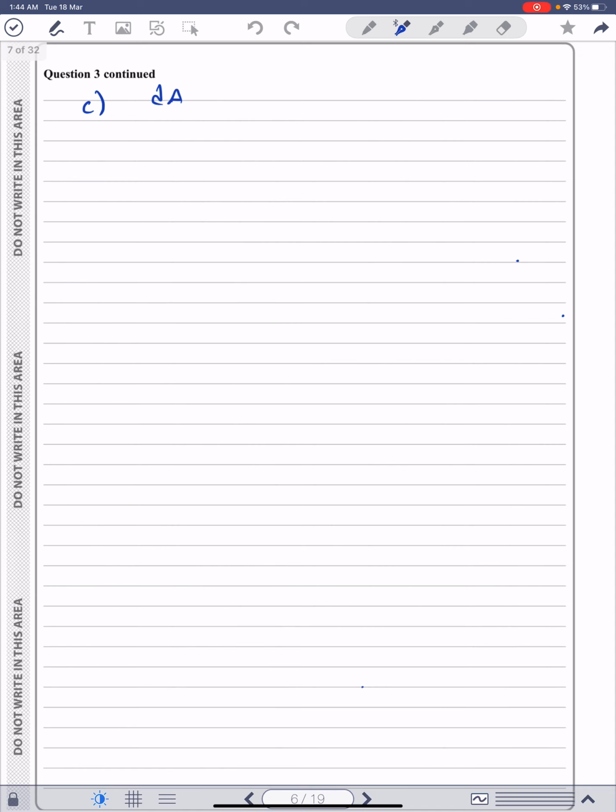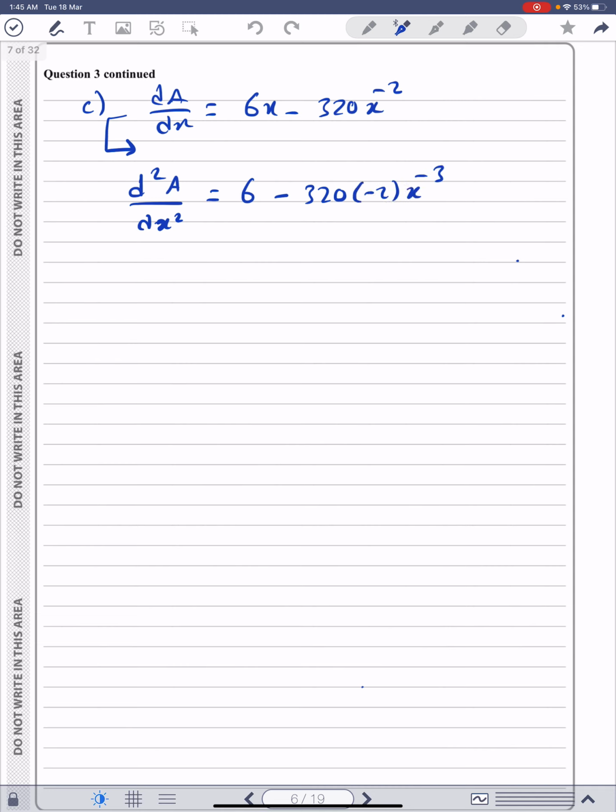So dA over dx is 6x minus 320x to the negative 2. By differentiating again, to apply the second derivative test, that is 320 times negative 2, negative 3, simplifying this, which is 640 over x cubed.